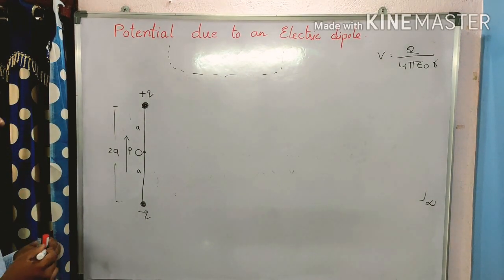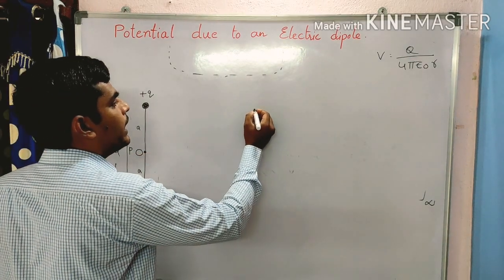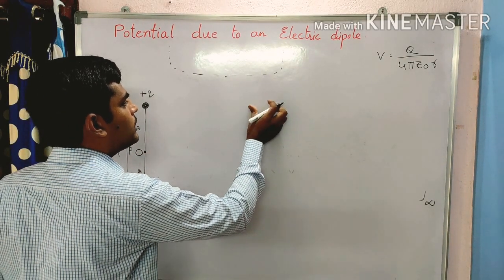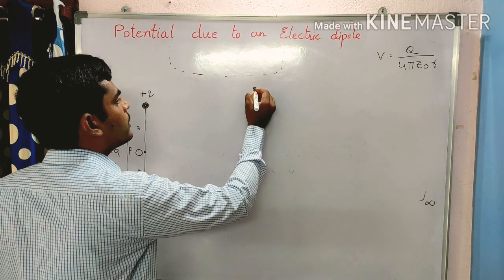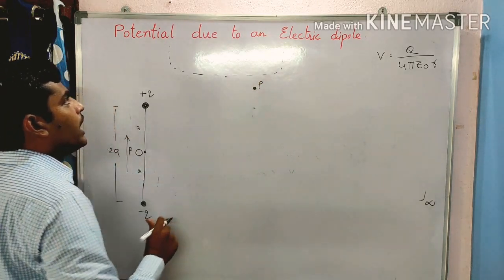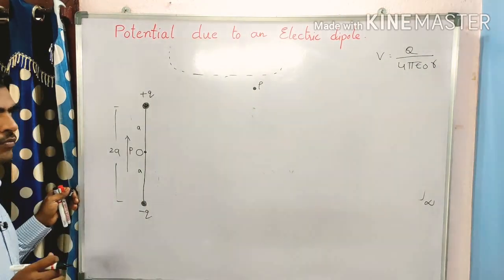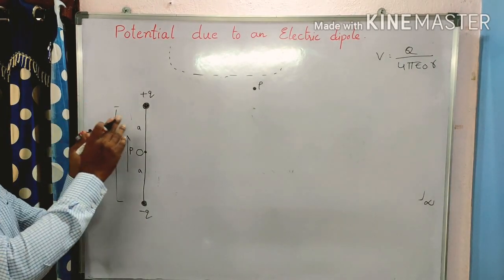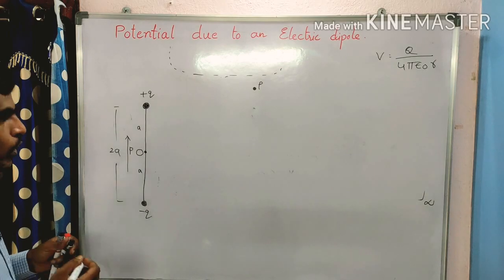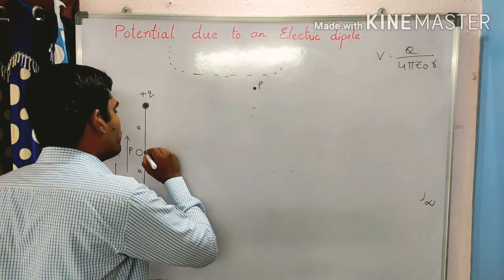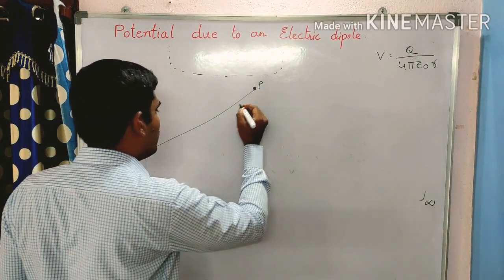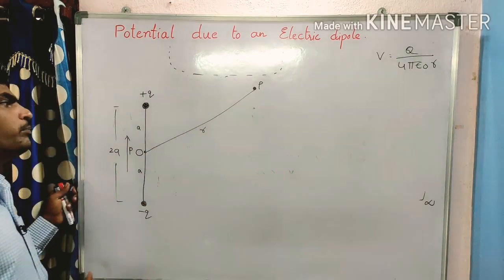So now I am taking a particular point P. I want to know the electric potential due to this dipole at this point P. That point is at a distance R from the center of the dipole.